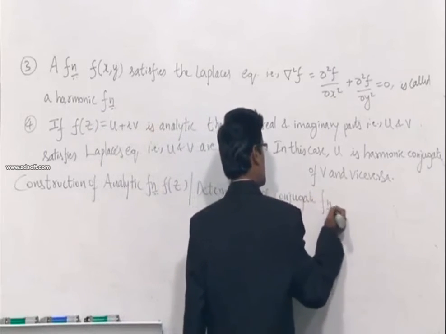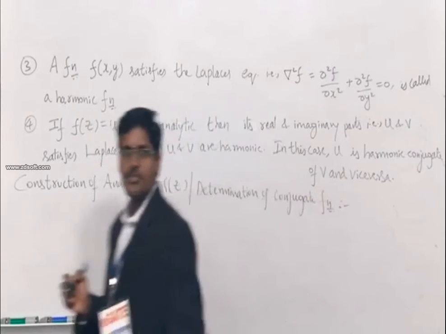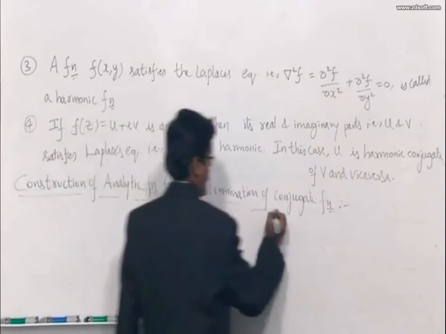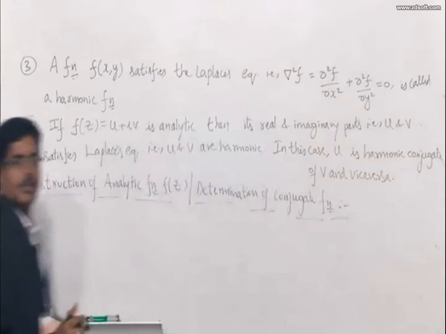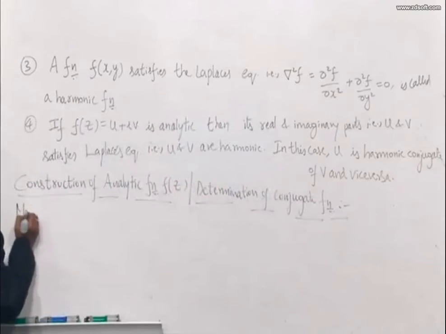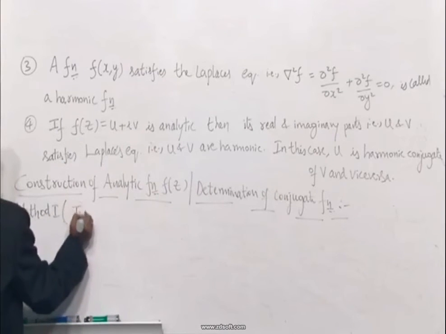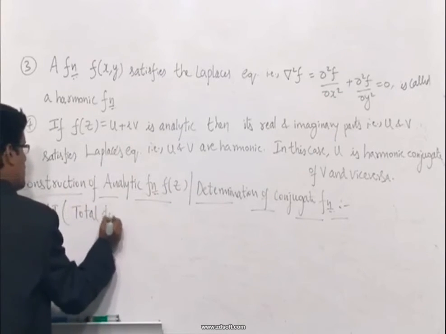Conjugate function means u is conjugate of v, v is conjugate of u. Two methods. Method 1 is named the total derivative method.